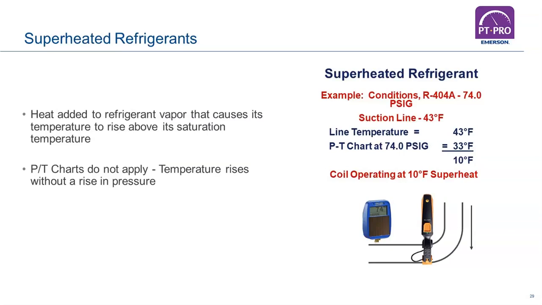We took our PT chart, and if you go to your PT chart and look at the refrigerant here, 404A, you will find at 74 PSIG, the temperature of 404A should be 33 degrees. The difference between the 43 and the 33, our line temperature leaving the evaporator and what's in the evaporator, is 10. We therefore have 10 degrees of superheat, right? Okay, so that's how we do superheat.